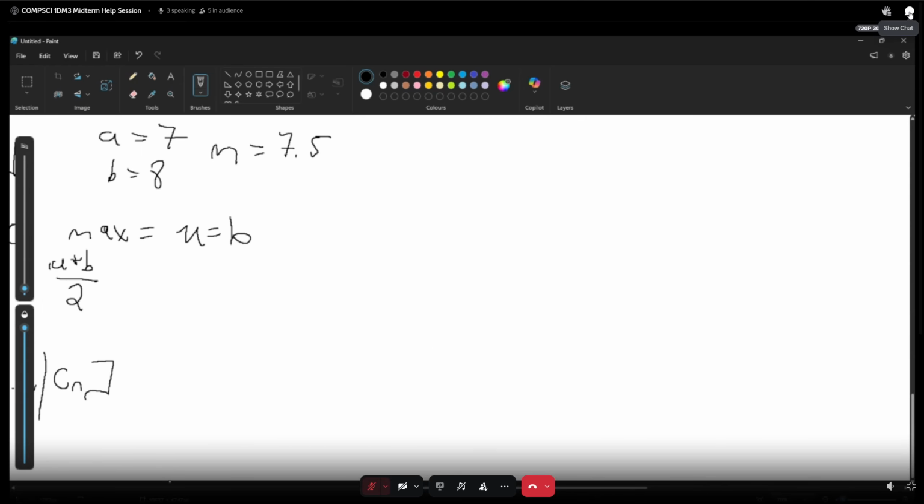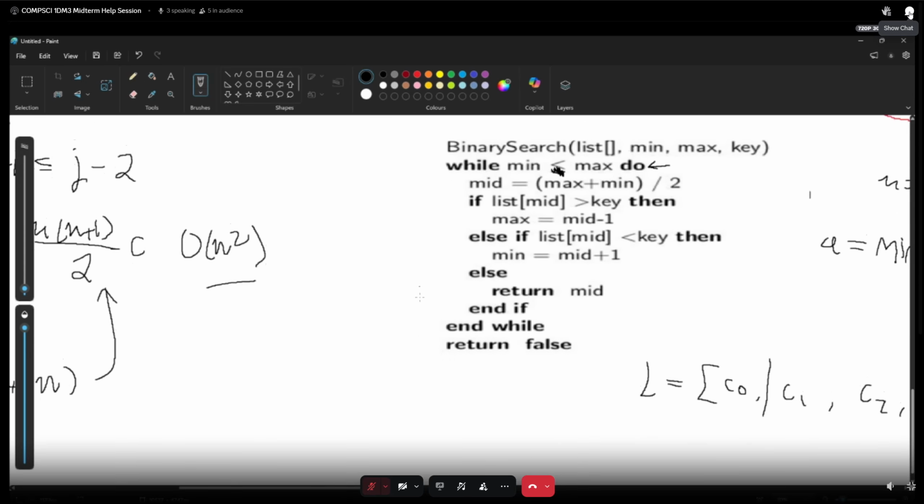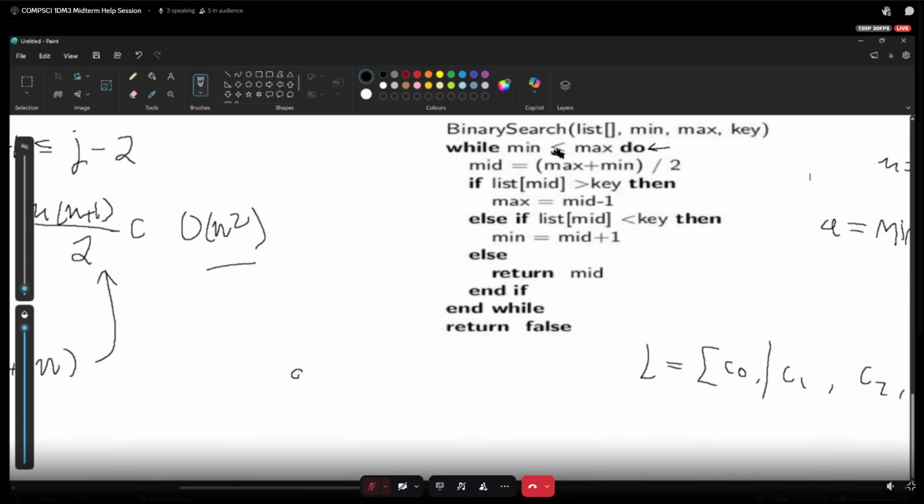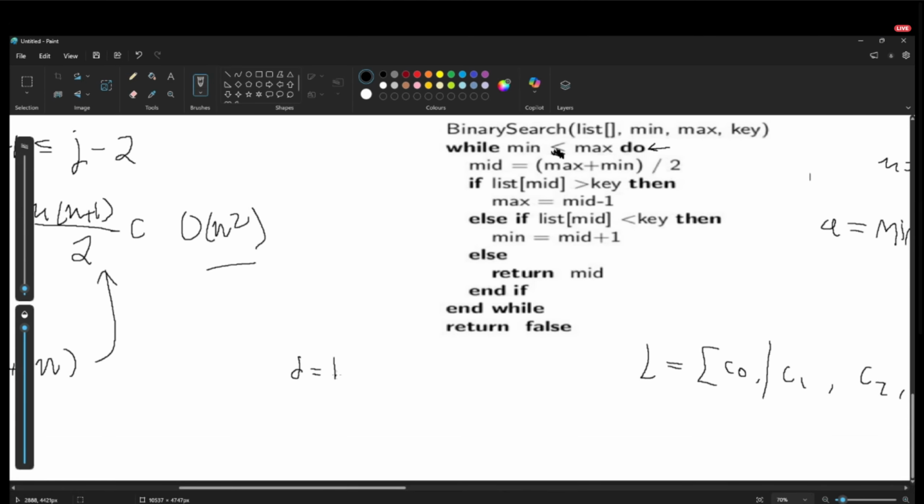Over the entire execution of the loop, the distance d is at first calculated to be b minus a, which we know is n. But at every iteration of this while loop, d is always halved, then a quarter, and so on.